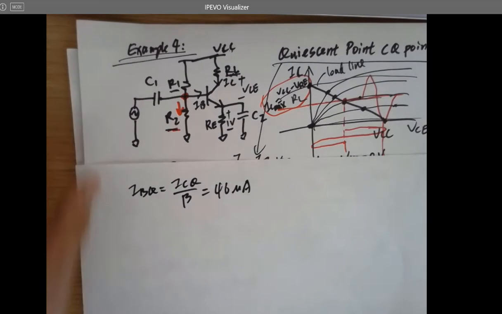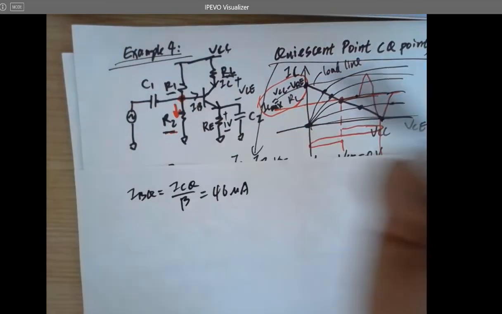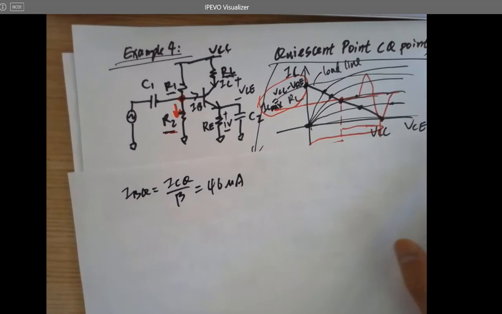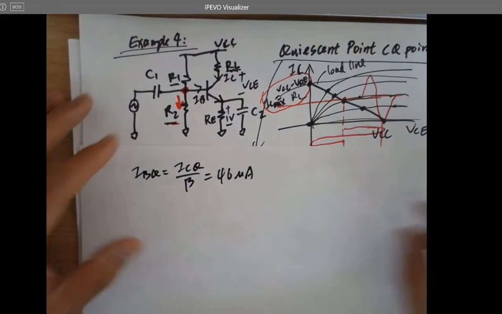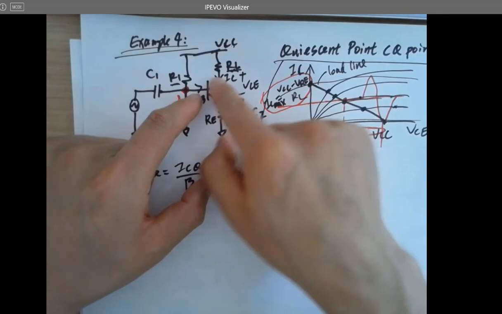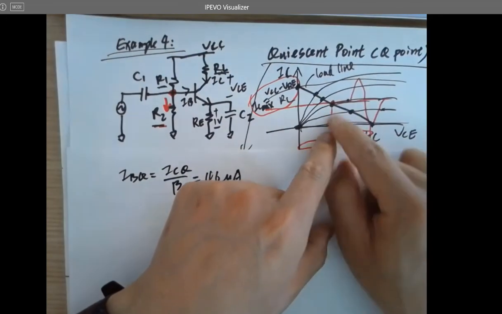What's next? I know IB right now. That's the DC biasing current for this NPN. So I know where this NPN is being operated in this curve, right? I know it's somewhere here.